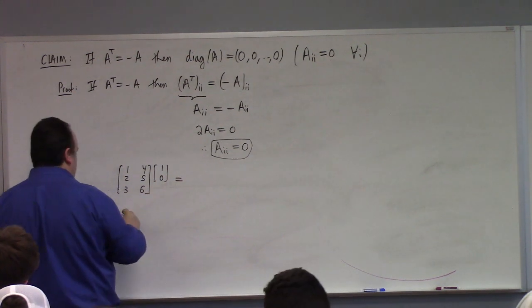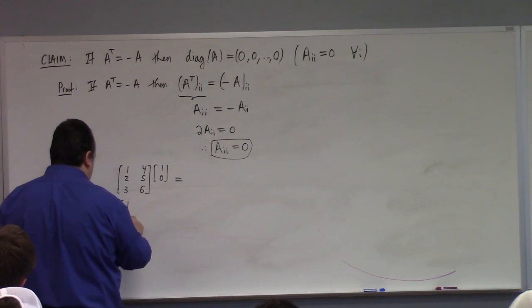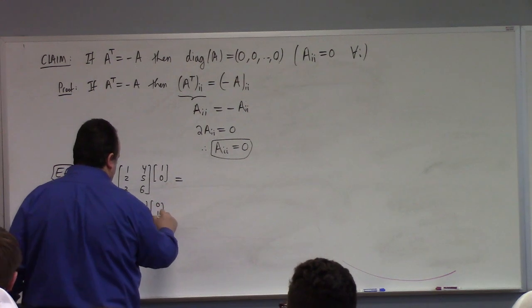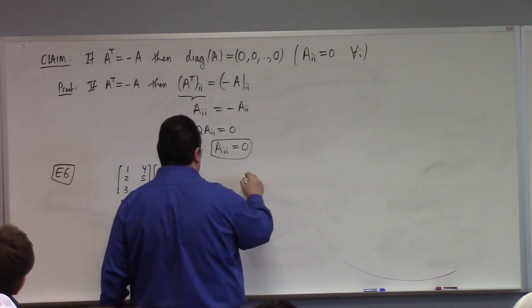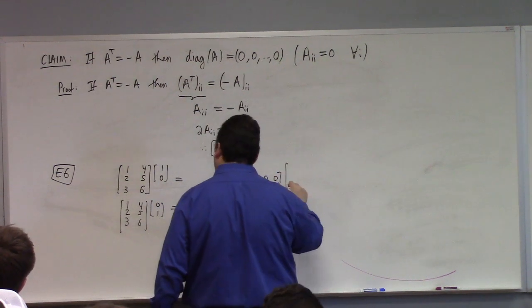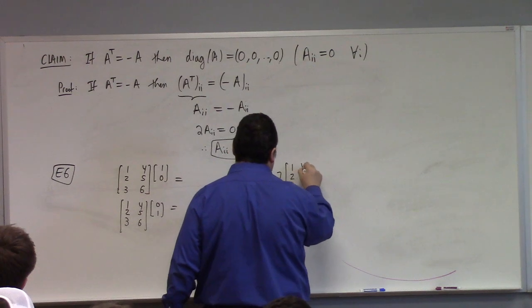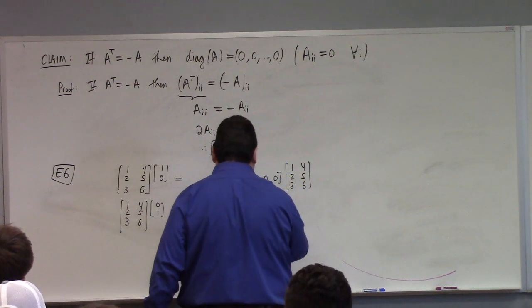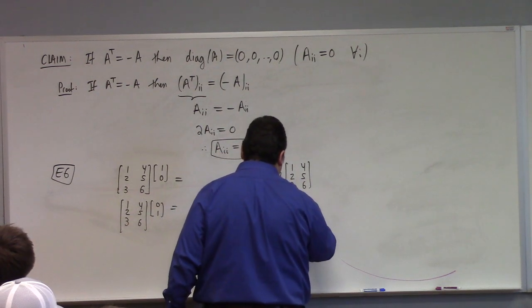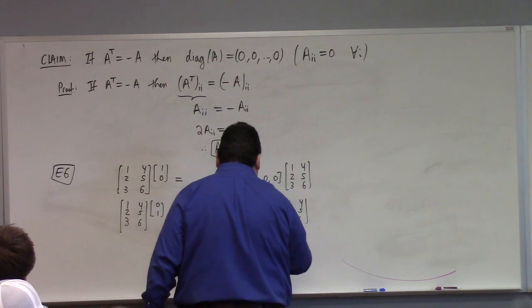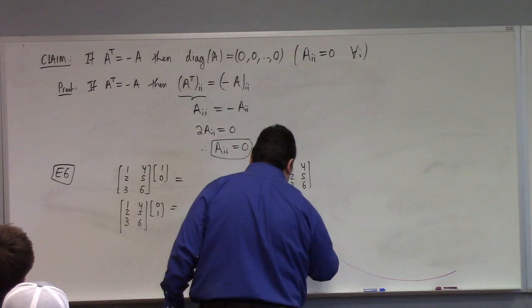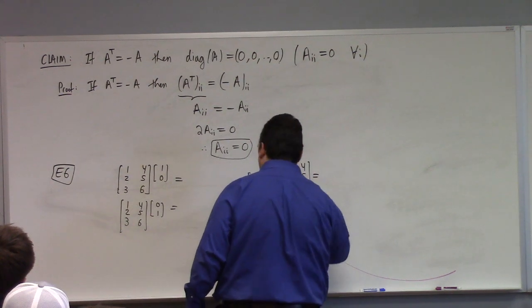See what we get. Let's take that same matrix and multiply by 0, 1. Then let's also take that same matrix and multiply it on the left by 1, 0, 0 as a row vector, then by 0, 1, 0, and then by 0, 0, 1. And let's see what happens in all these cases.